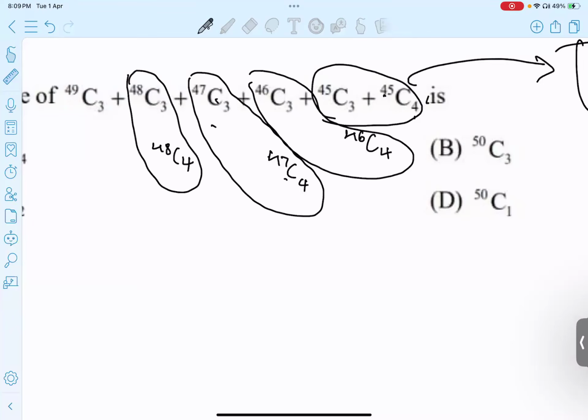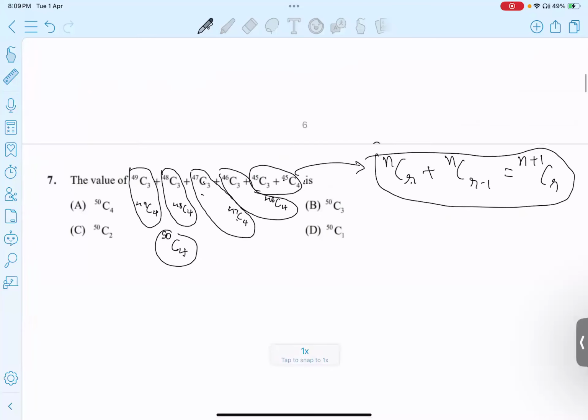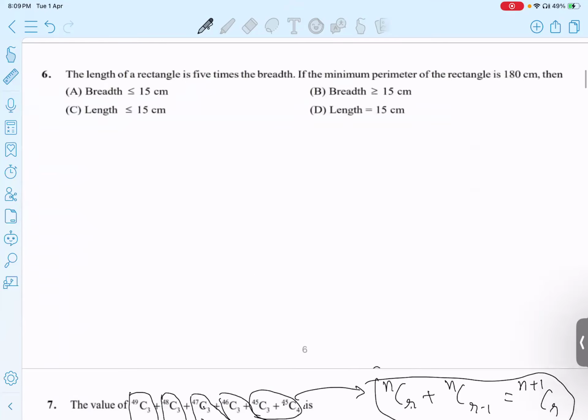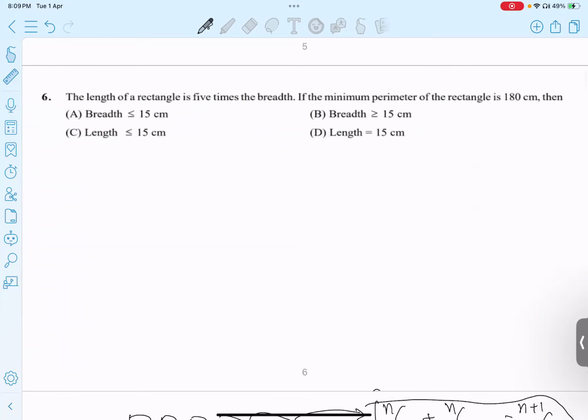Again, summing up these two gives us 49C4. Finally, summing up these two gives us 50C4, which is in option A. We are just making use of this identity. Fine, students.